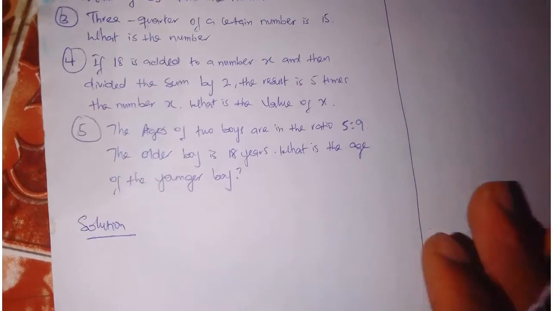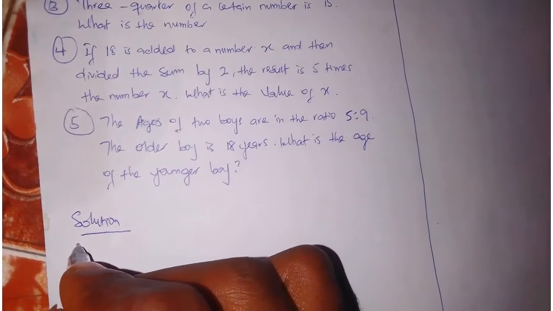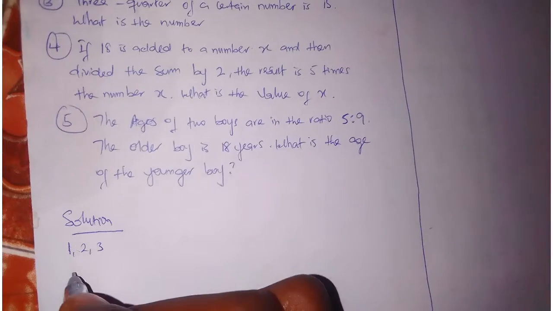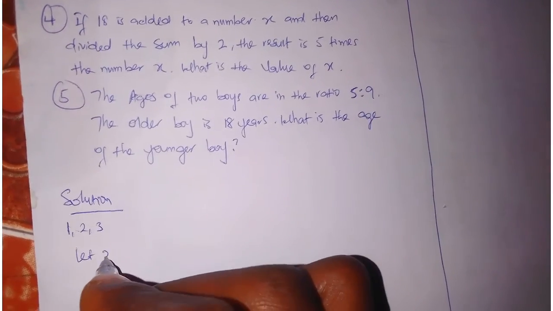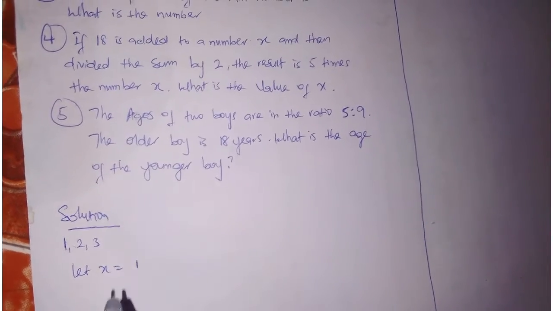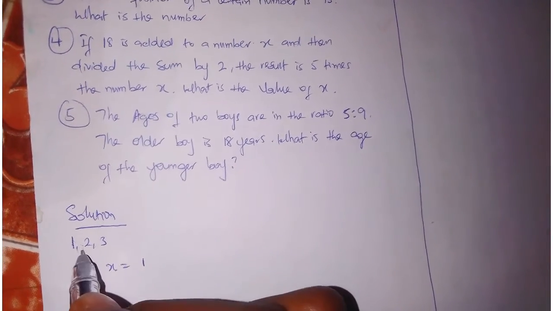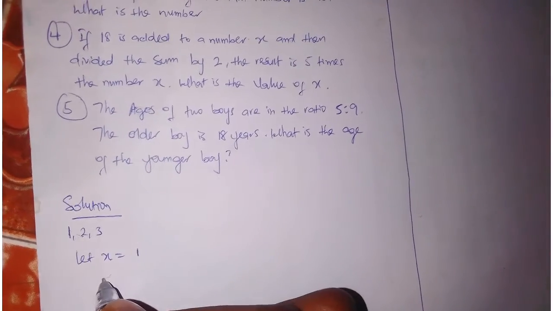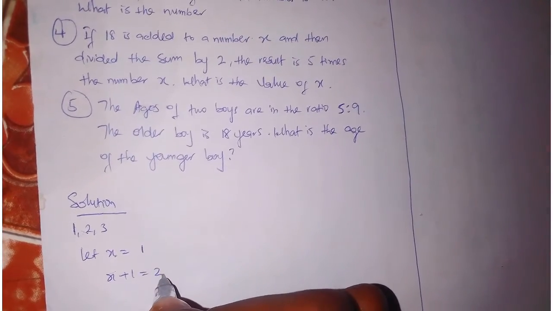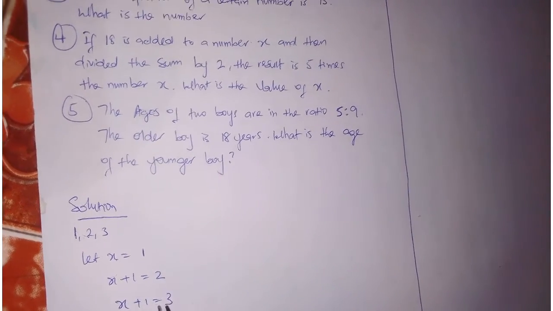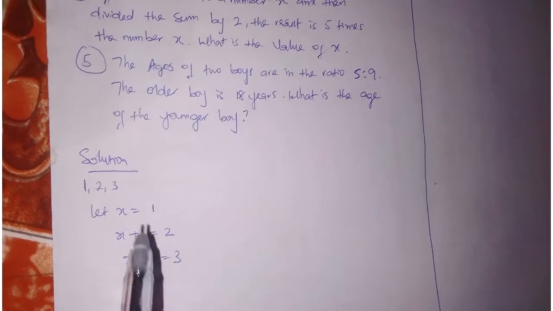Now, let's say our consecutive numbers are 1, 2, 3 in this case. What will I now say here? Let x be equal to 1, for my instance here. Since the difference between each of them is 1, to get 2, I will say x plus 1 equals 2. And to get 3, x plus 2 equals 3.